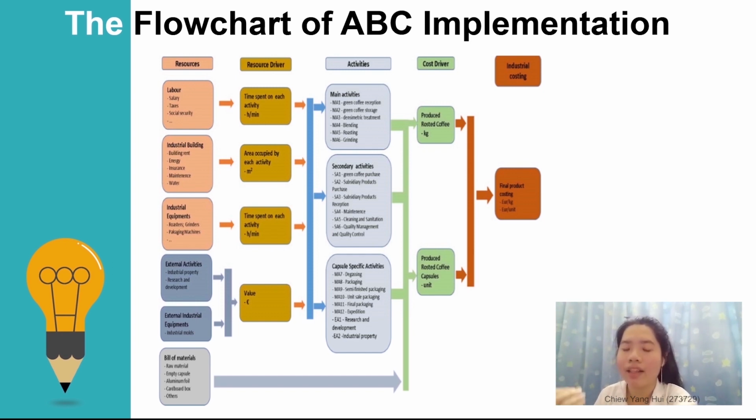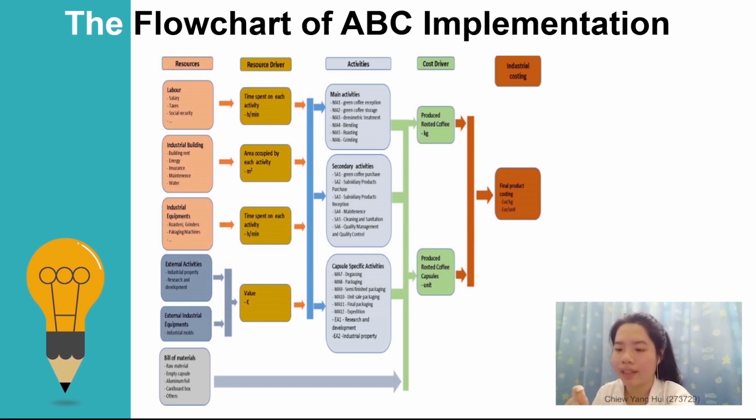On the other hand, the secondary activities, which also interfere in the production process, are shared between all coffee products produced in the company. Hence, the main and secondary activities that are used for all coffee products will be allocated to each product according to their respective percentage of use.